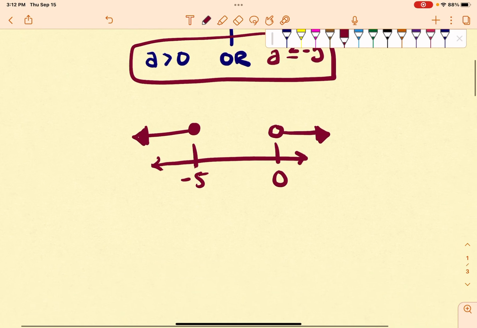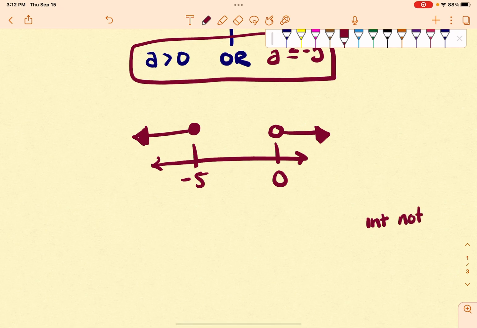So all I really have left now is my interval notation. So if I look at this, remember I start from all the way over here. This is coming from -infinity. So -infinity. And then this line stops at -5. So -5. And it's going to have a square on the end because this is a filled in circle.